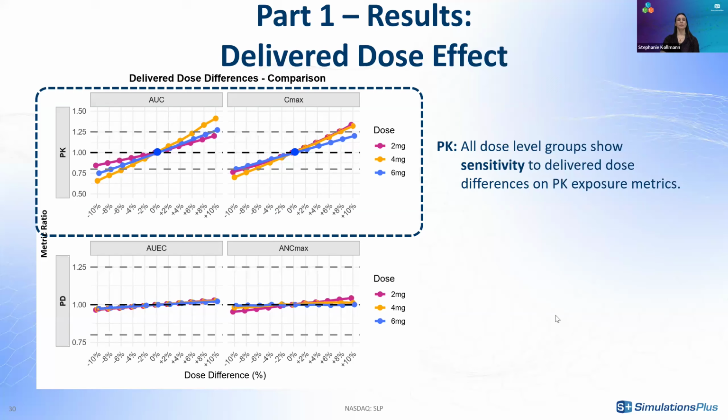If I'm using a 6 milligram dose, here on the blue line, and the delivered dose for the biosimilar formulation is 10% higher than for the originator, a proportional increase would mean that the AUC ratio would lie around 1.1, so around here on the y-axis, but we find values above. For AUC, with a 10% increase in 6 milligram, the AUC ratio lies around 1.25.